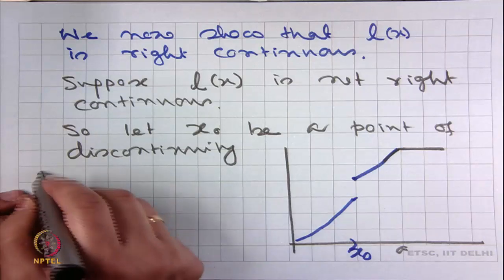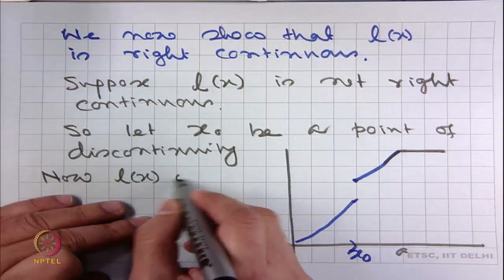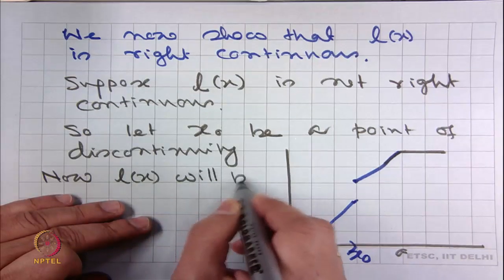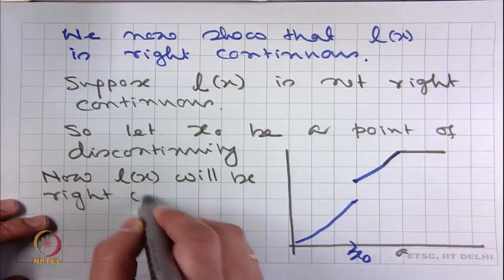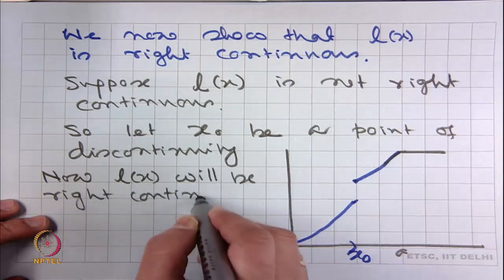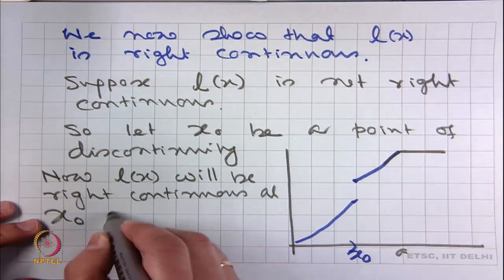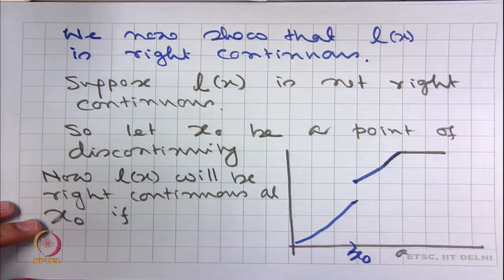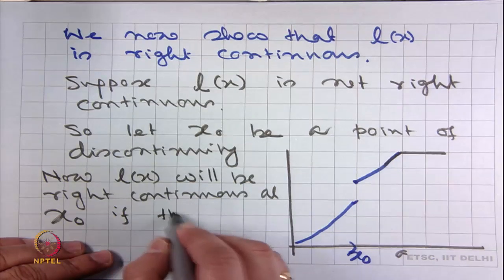Now, L x will be right continuous at x naught if the following happens.